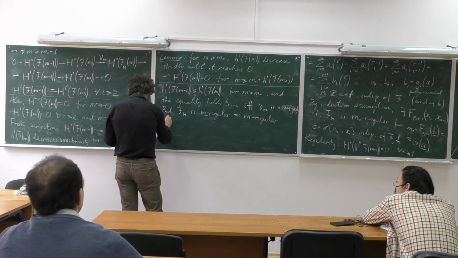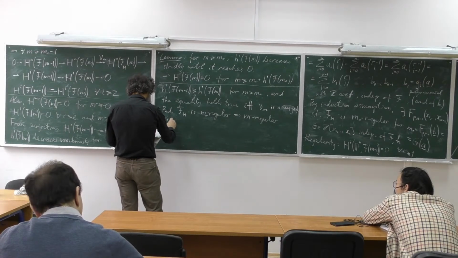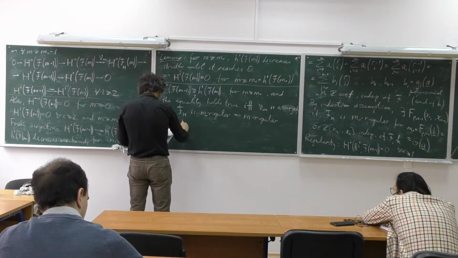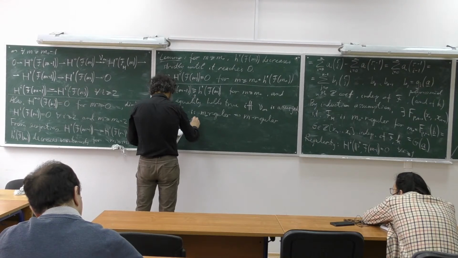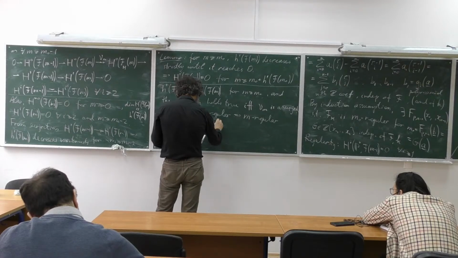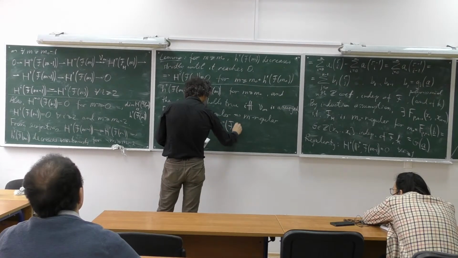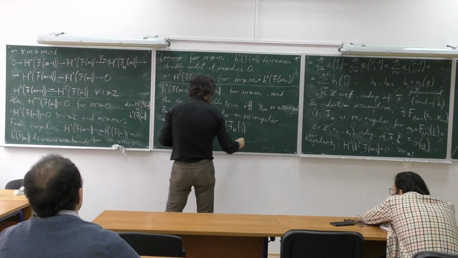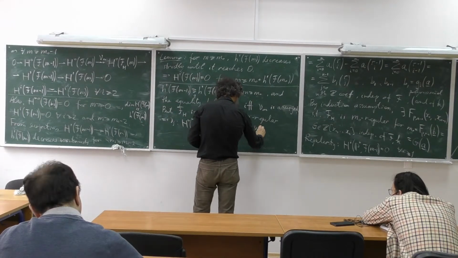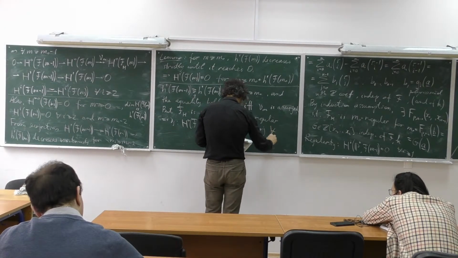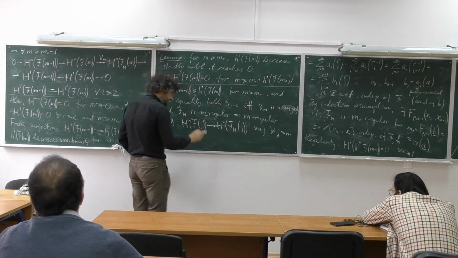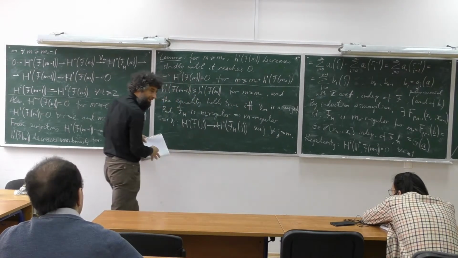And from this, again by home assignment, it will follow that this map from H0 of F of J to H0 of F(1) of J will be surjective for any J bigger than M. Again, this is proved in your home assignment.